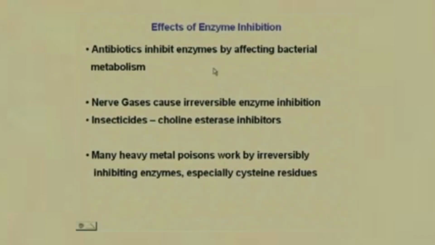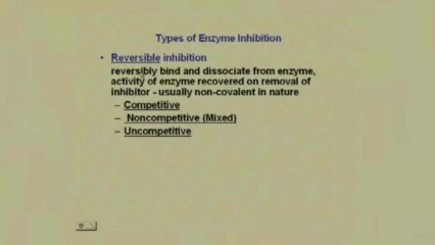So how do we study enzyme inhibition, or what are the different types of enzyme inhibition? Actually, there are two different types. We have reversible inhibition. Now, reversible inhibition can be of three types. In reversible inhibition, as the name implies, the inhibitor can bind and dissociate from the enzyme. And usually, in most cases, the activity of the enzyme is recovered on removal of the inhibitor.